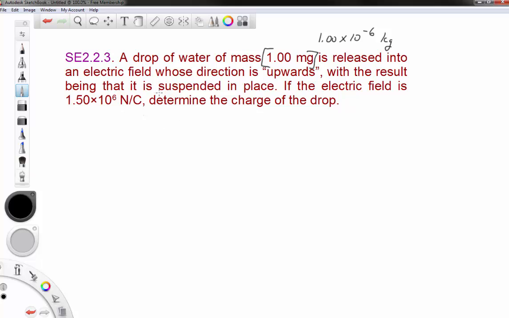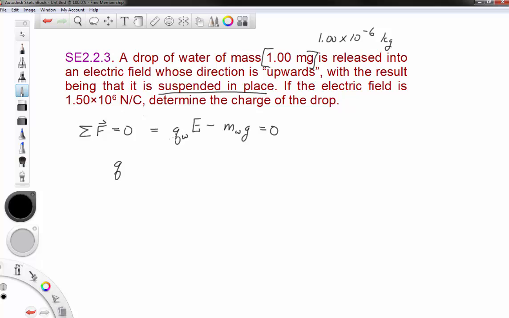Since it's suspended in place, Newton's first law applies, so the sum of forces should be 0. That means the charge of the drop of water times the electric field strength minus the mass of the water times g is equal to 0. I've converted from vector form into scalar form here.